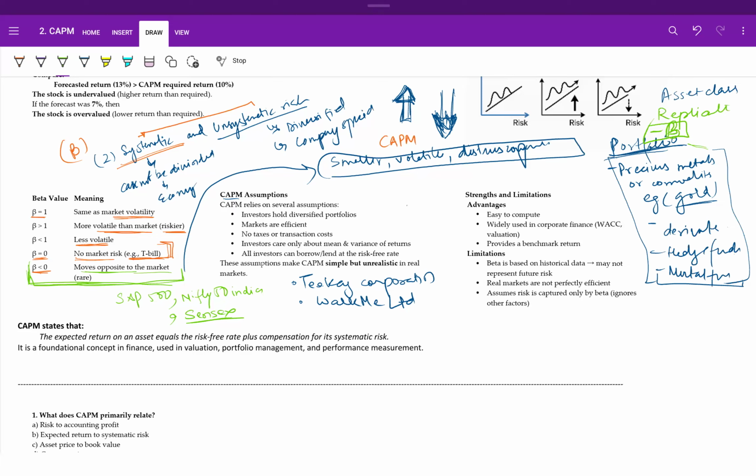If you've heard about any of these securities, you know that these instruments are used to hedge risk.